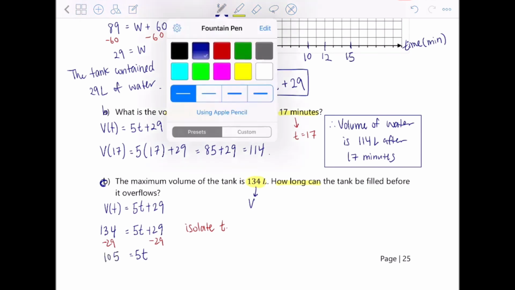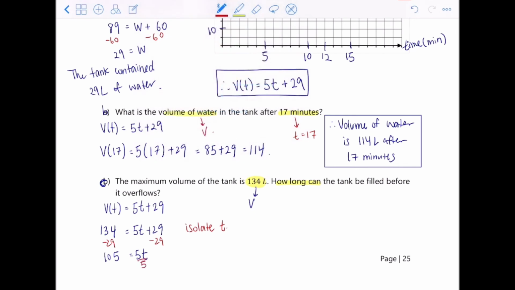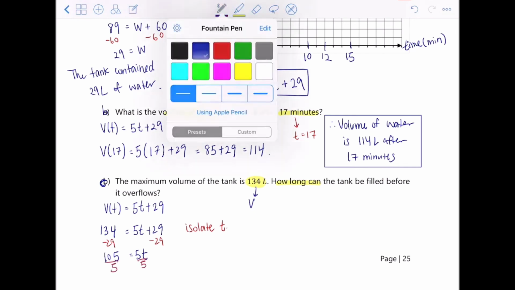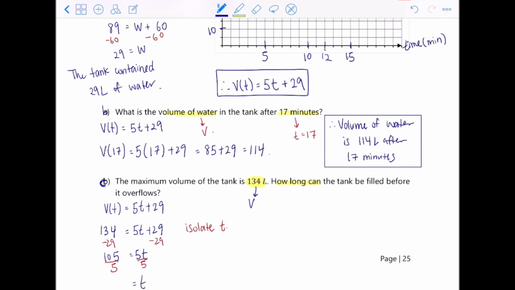All right, and then we're going to divide by the coefficient here to get rid of it. And we have t on one side and 21 on the other side. So we can conclude that it takes 21 minutes for the tank to be filled.